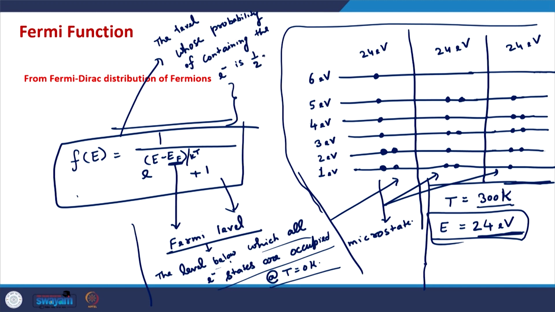So, we will see both of these things. So, it is the level whose probability of occupancy is half basically.